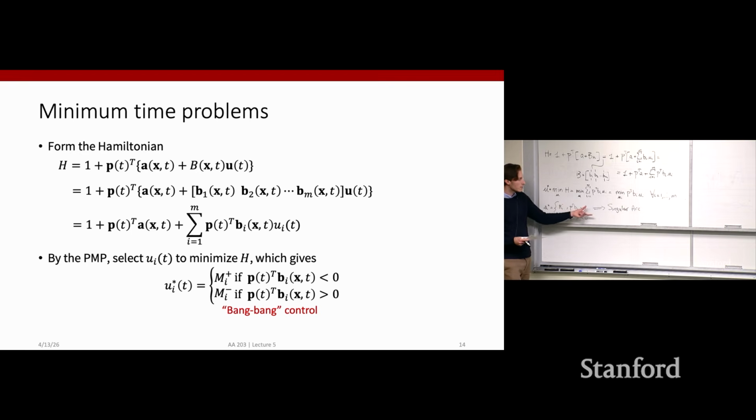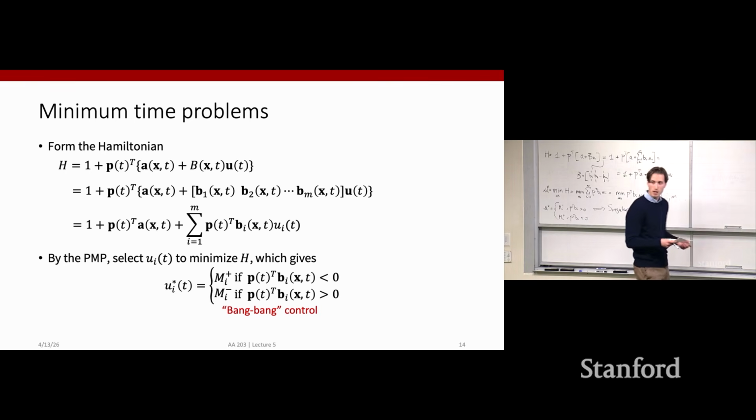In a way, this is where most of the brain power goes when you use indirect methods: tackling these ill-conditioned situations. For us, assuming that the optimal triplet x, p, and u does not fall into the singular arc conditions, we have determined that our control has this form here, which is also known as bang-bang control.